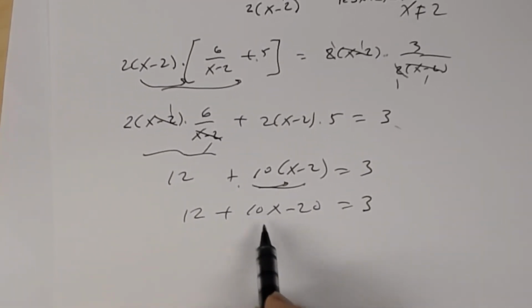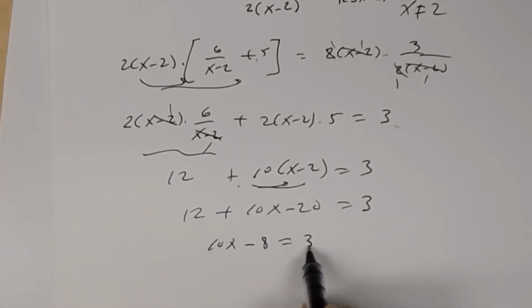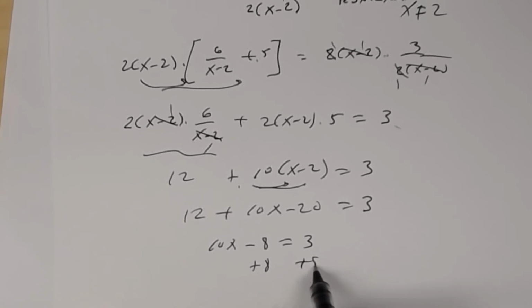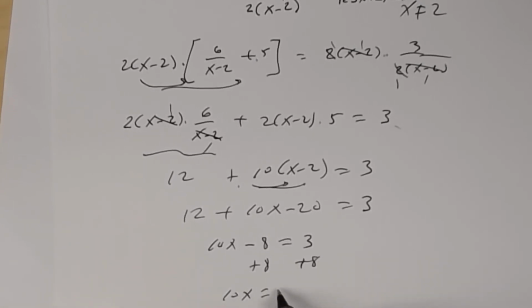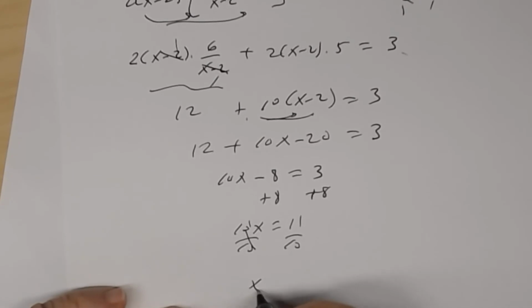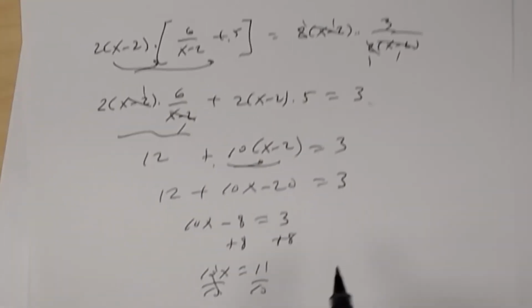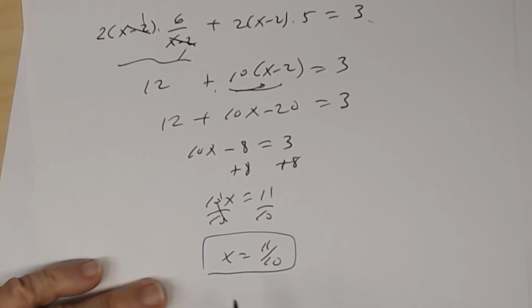Combining like terms, I get 10x, 12 and a negative 20 is a negative 8, equal 3. Adding 8 to both sides, I get 10x equal, what's that, 11? So 10x equal 11. And then divide both sides by 10, I get x to be 11/10. And notice that is not a restriction, so this is my solution.